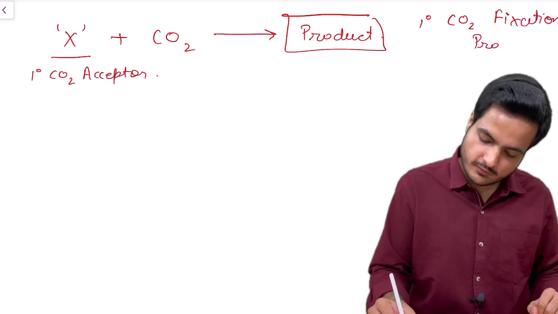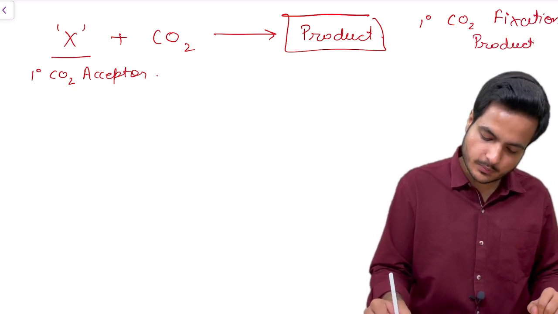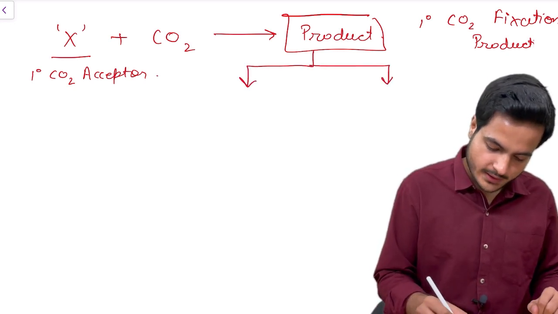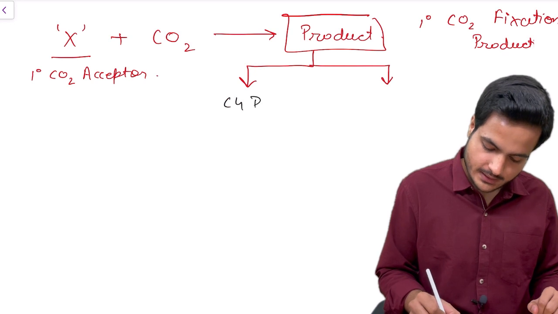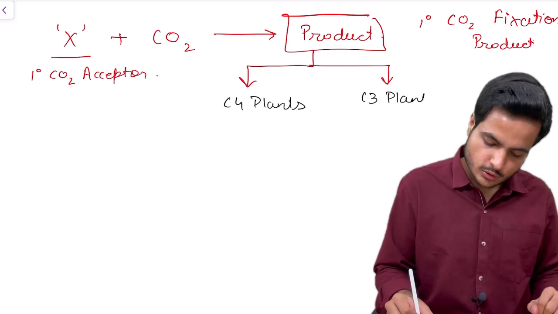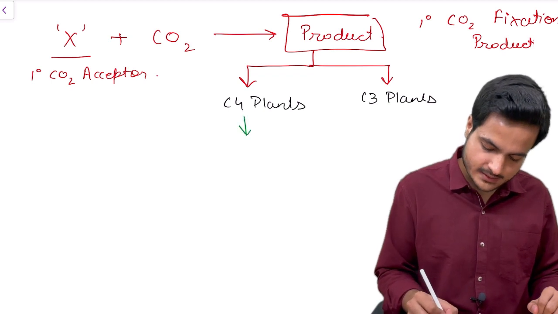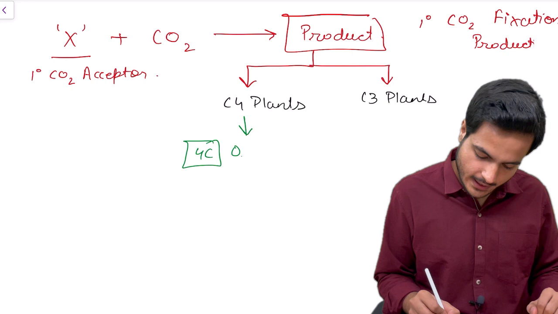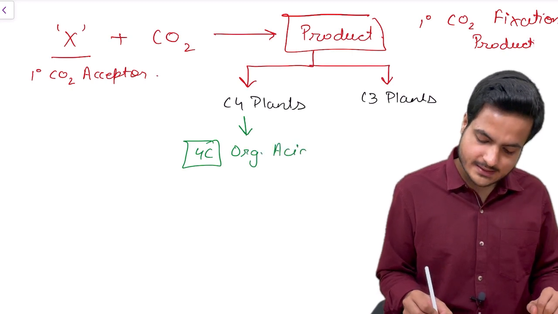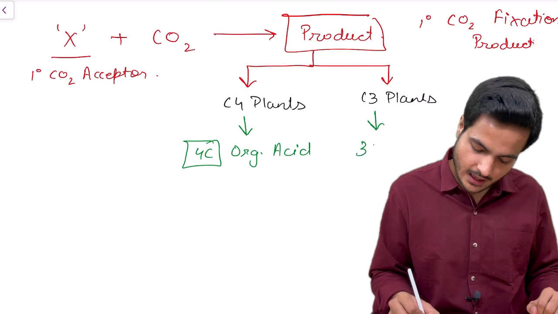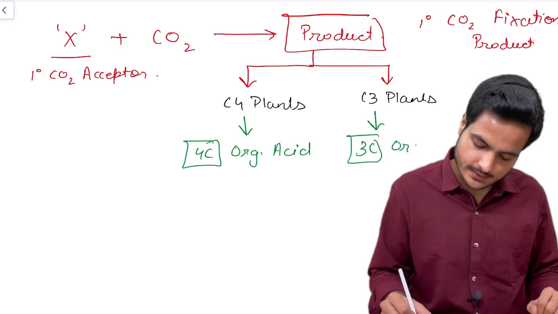On the basis of this primary carbon dioxide fixation product, plants have been divided into two categories. One category is of C4 plants and the other category is of C3 plants. So what is the difference? In C4 plants the product formed is a 4 carbon containing organic acid, whereas in C3 plants the product formed is a 3 carbon containing organic acid.